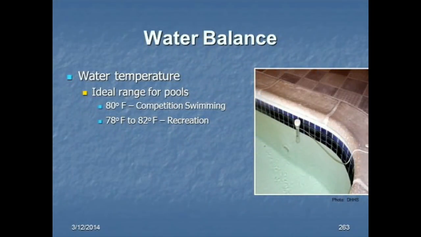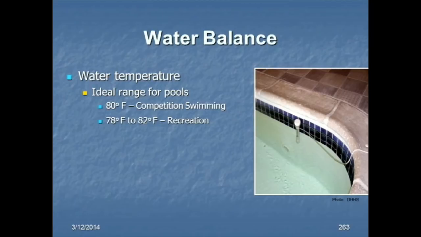So there's nothing basically in our state code that says this is what you need to maintain your swimming pool at on a day-to-day basis. Some general numbers, ideal range for swimming pools, for competition swimming, about 80 is the generally recommended number. From 78 to 82 is what's typically seen as a recreational type of swimming environment at swimming pools.